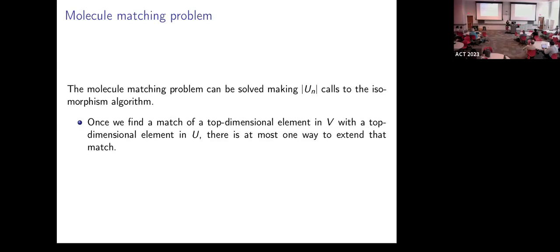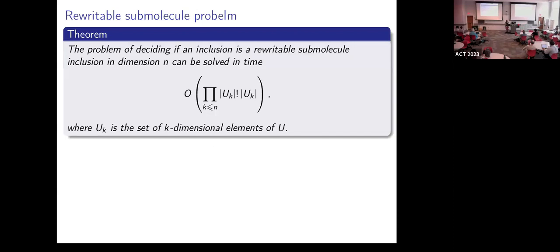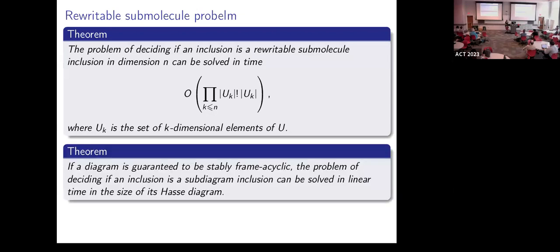Now for the second problem, we have an algorithm for deciding if an inclusion is a rewritable submolecule inclusion in an arbitrary dimension n. But in this general case, the algorithm has a factorial worst case upper bound. However, we have a class of diagrams for which it is faster.